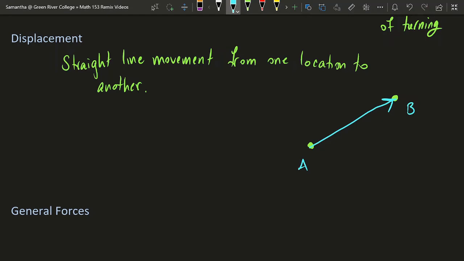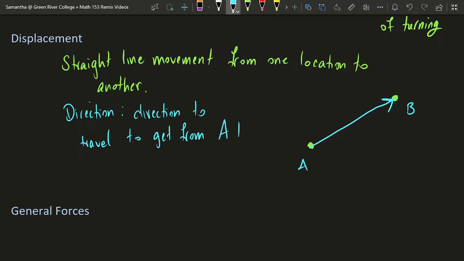In this context, the direction of the vector represents the direction that you would have to travel to get from point A to point B. And the length of this displacement vector would represent the straight line distance from one point to the other.